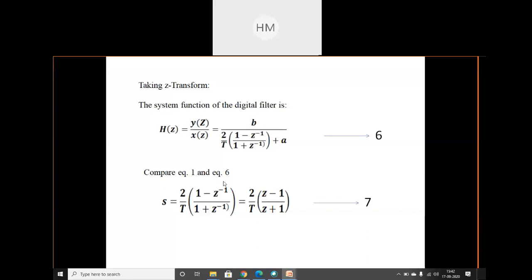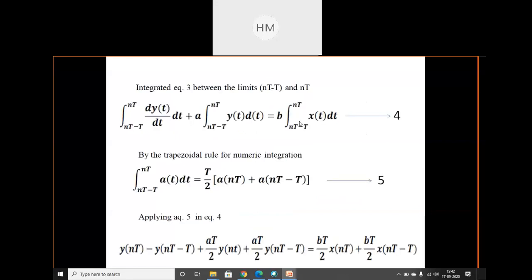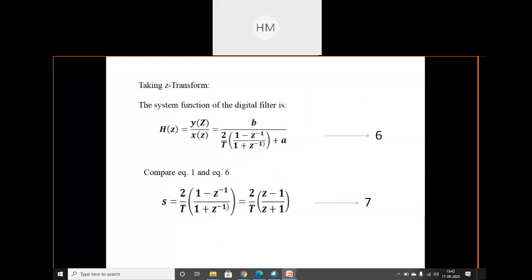Now what we will do, we will compare equation 1 and equation number 6. Equation number 1, b upon s plus a, and equation number 6 is this. So here what you can say, we had a standard equation, a very simple differential equation, b upon s plus a. Now we want to convert the s domain, which consists of your analog part, into the digital domain.